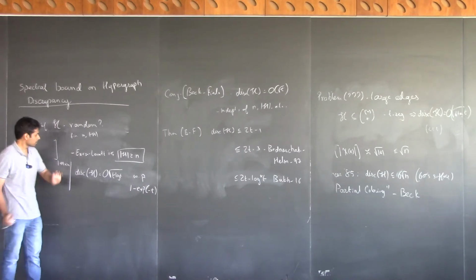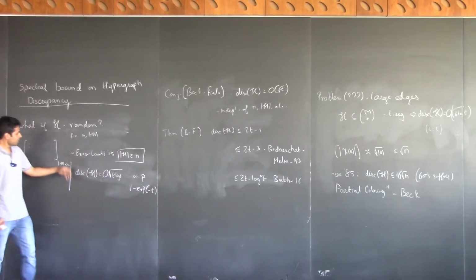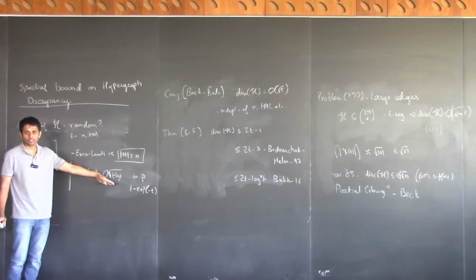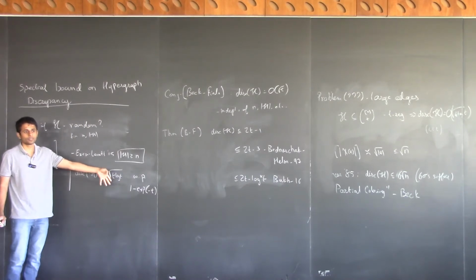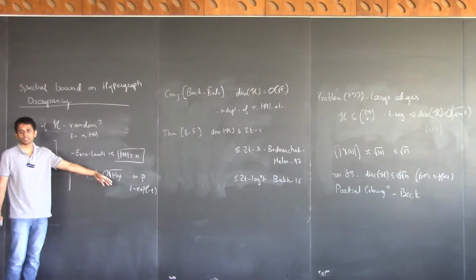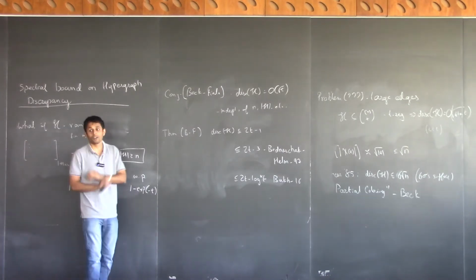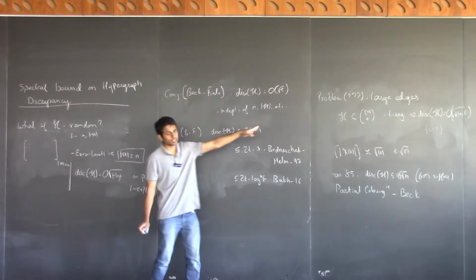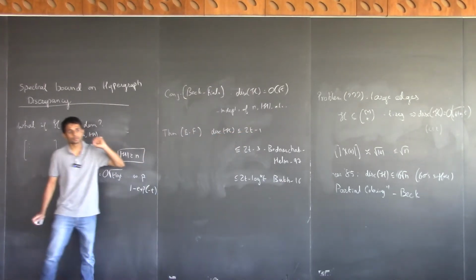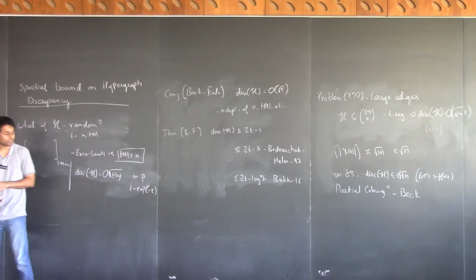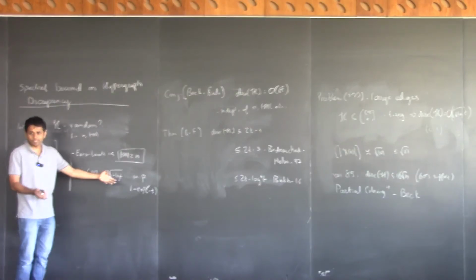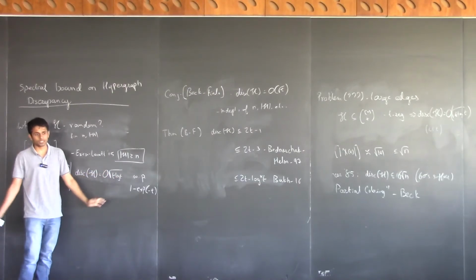So if I said that t was something like log n, the statement would be trivial. Is that easy to see? Because all edges will have size approximately t. So really, the problem was dealing with the fact that there will be some edges much larger than others.